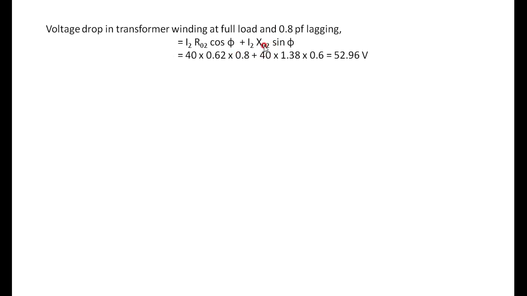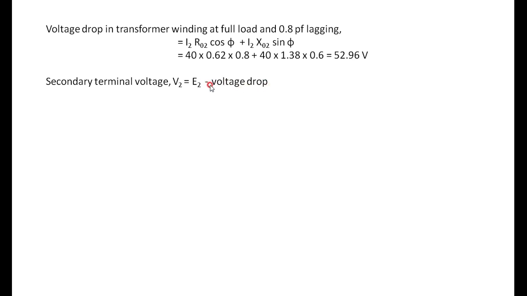Similarly, sin phi and X02 are known. Then the total voltage drop in the transformer is 52.96 volts.